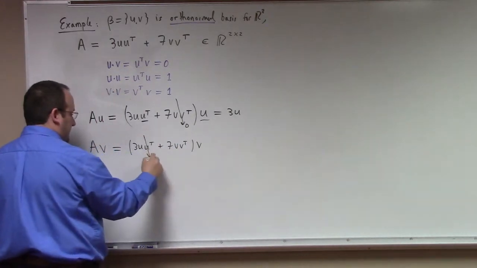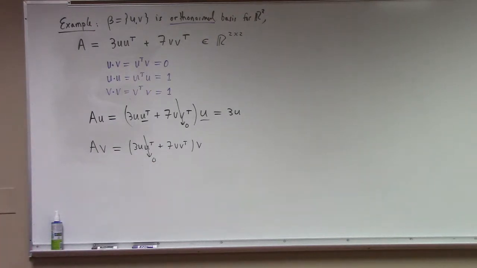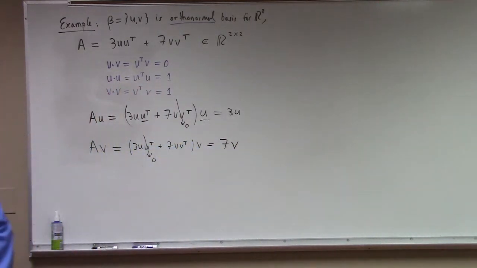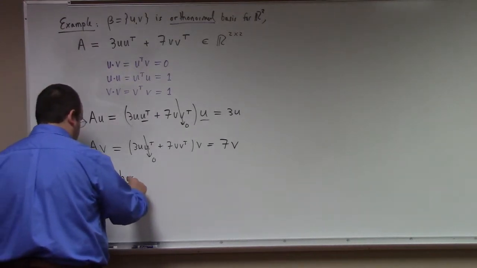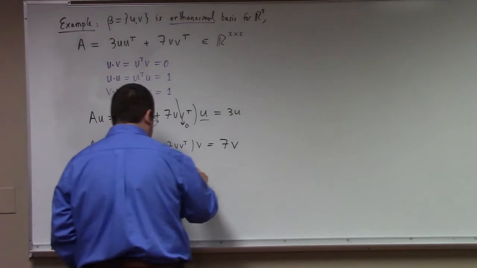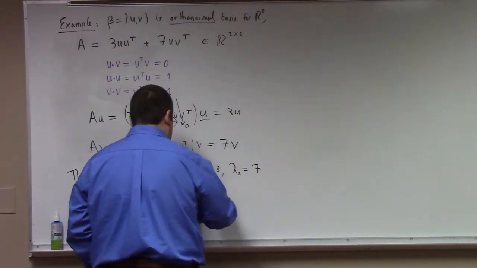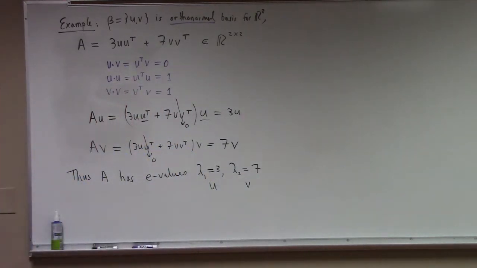This time, this piece, when we hit that times that, we get 0. And then, of course, v transpose v is 1. We're left with 7 times v. So what are the eigenvalues for this matrix? A has eigenvalues lambda 1 equals 3 and lambda 2 equals 7. And of course, you have eigenvectors u and v with those eigenvalues respectively.